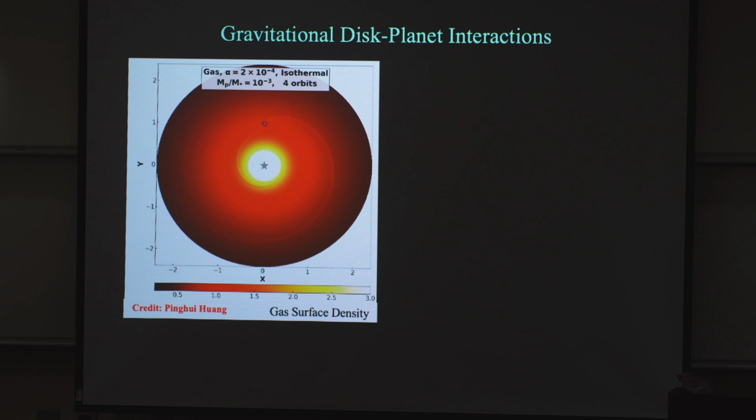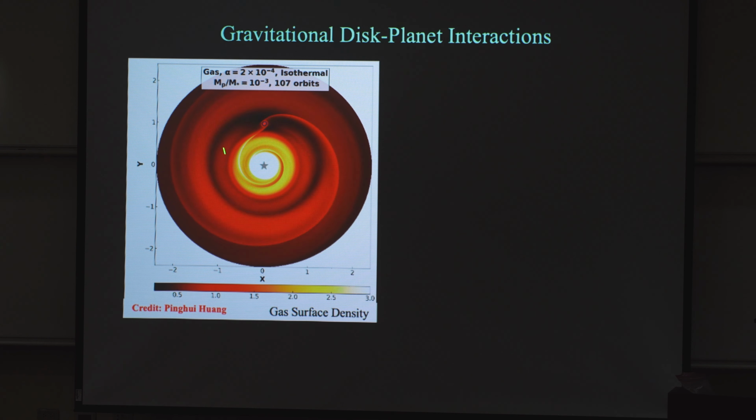So let's drop the planet very quickly. It launches spiral-shaped structures in both the inner and outer disk. They're actually density waves. And then the planet removes material from its corotation region to open a gap, an annulus low-density region. And then the gap edge forms a large-scale asymmetric structure that also goes around the star.